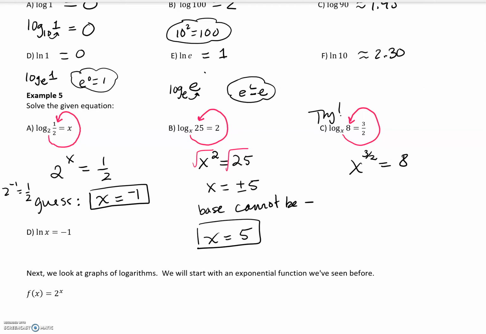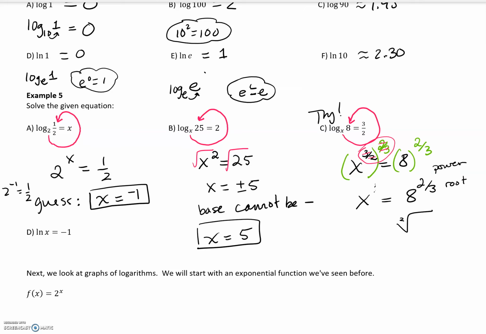And in order to solve this, remember I have to undo the exponent. So I'll go ahead and raise both sides to the 2/3 power to undo that exponent, so that power raised to a power can cancel out, and I can get x to the 1, and I have 8 to the 2/3, which means this is the root and this is the power.